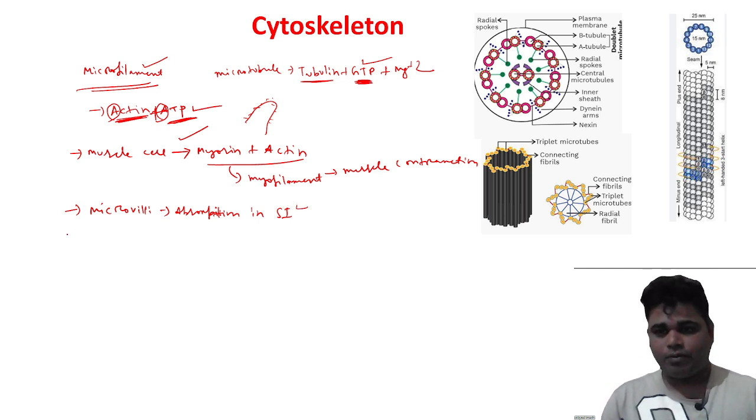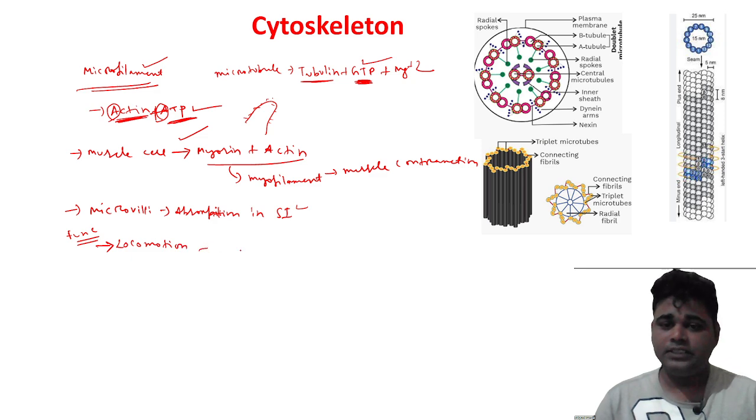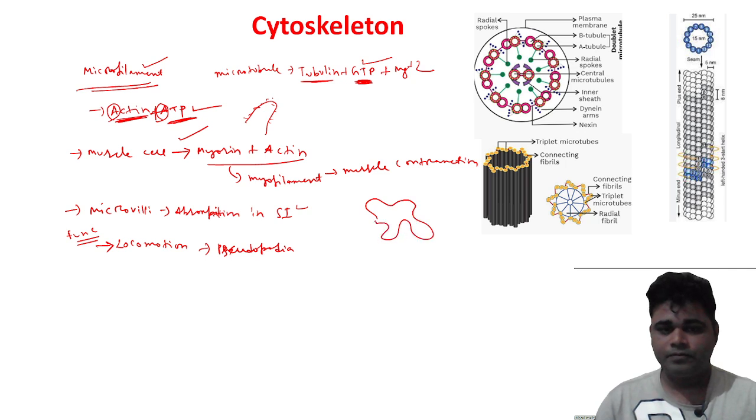So now the main functions of the microfilament are, one, it helps in locomotion. So locomotion means it is present in the pseudopodia, that means in the amoeba case. So here one pseudopodium.